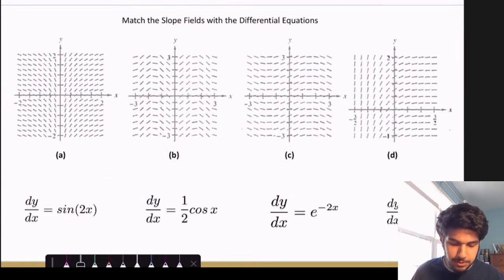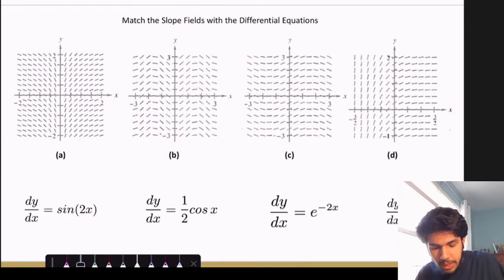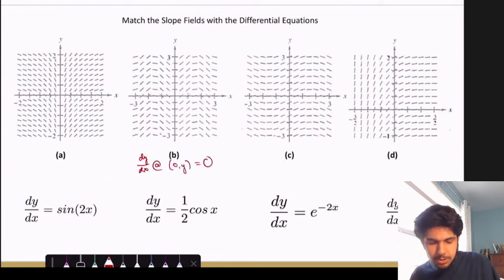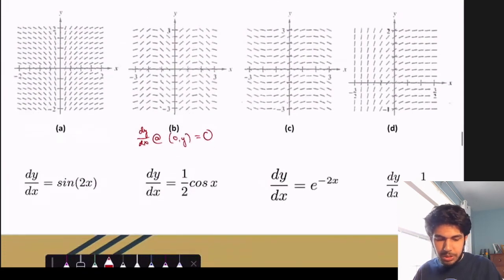Well, let's look carefully at our slope fields. For B, whenever we're on the y-axis, if we're at some point here, (0, 2), (0, 3), whatever, the slope is always 0. So dy/dx at (0, y) equals 0. So we can plug this point into these two and see where we get 0.